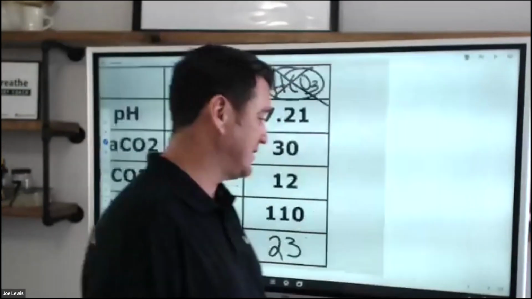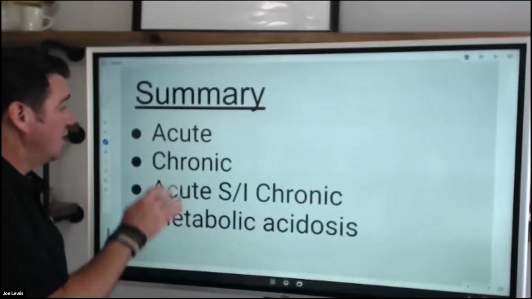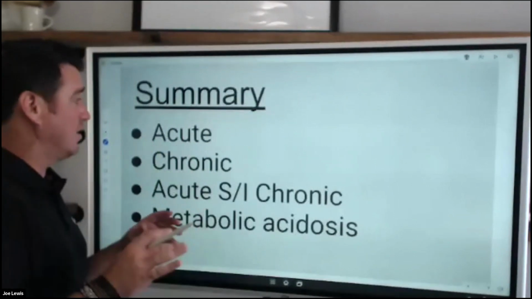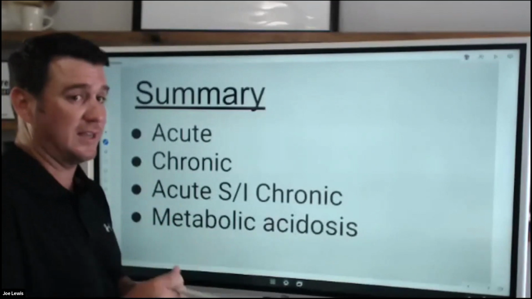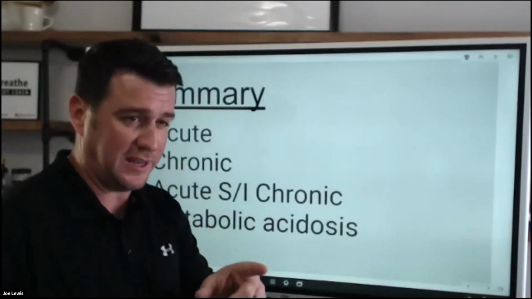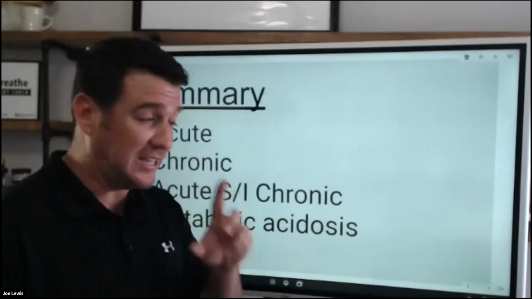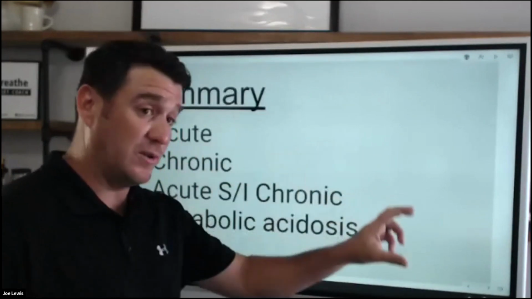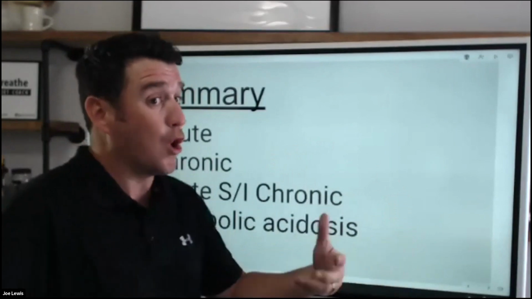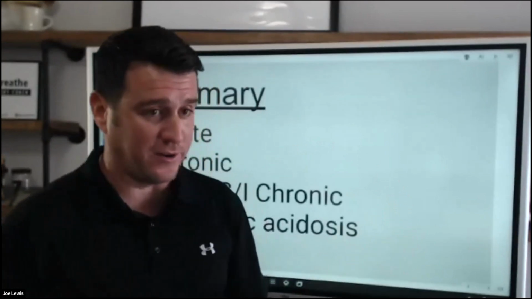Okay, let's summarize this up. We'll wrap it up and take any questions. When we are looking at arterial blood gases, you must be able to identify the difference between acute and chronic situations. Remember, your pH will be the indicator. An abnormal pH is an acute problem. The indication is either acute alveolar hyperventilation or perhaps acute ventilatory failure.